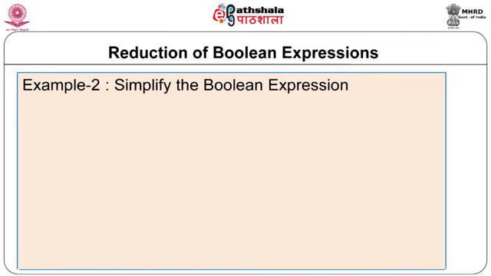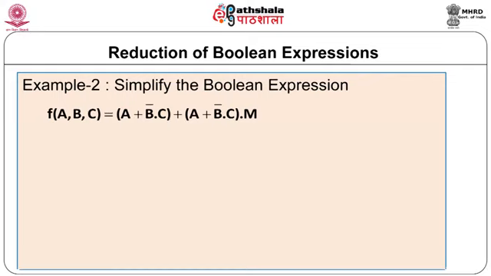Let us consider the next Boolean expression, which is once again a function of 3 variables a, b, c. But in addition to that, we are considering m as an additional variable. So, in the first line, we have (a OR b bar c) OR (a OR b bar c) ANDed with m.